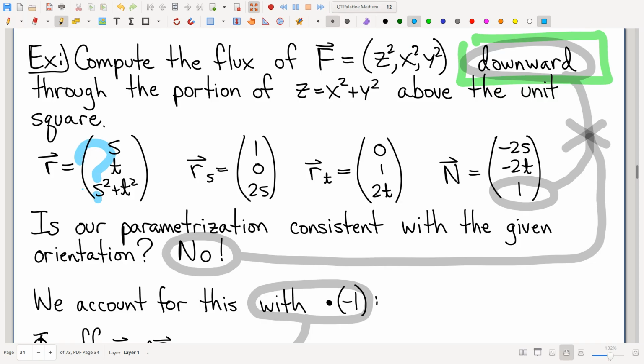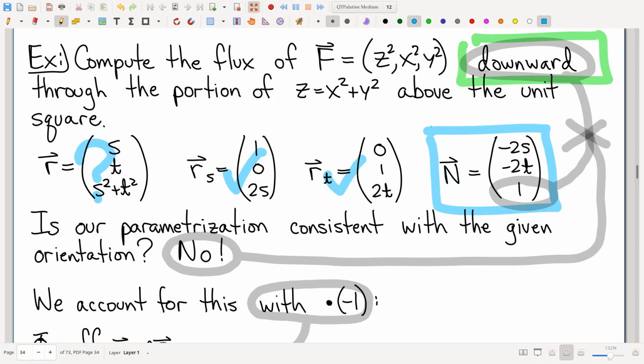Is that upward or downward? It was hard to tell at a glance. And I take these partials, are they upward or down? I can't tell how the resulting orientation is, but once I get to the capital N vector, now I can tell. This capital N vector, clearly, just like in the previous example, using the same parameterization, is still oriented upward, but I was supposed to orient it downward.